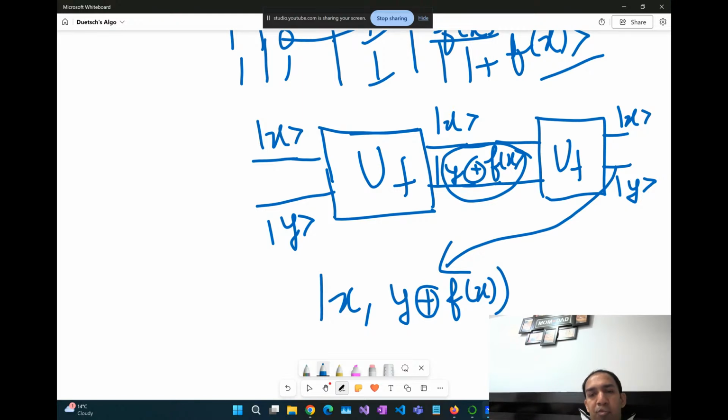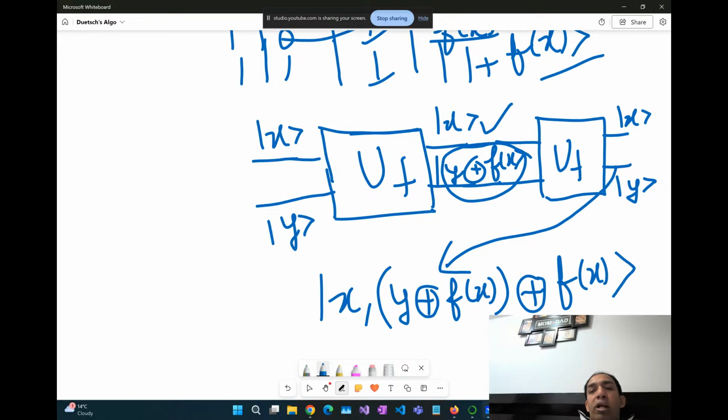Let's keep it in a bracket, and again doing an XOR with the function of x. That should be the output at this pin.